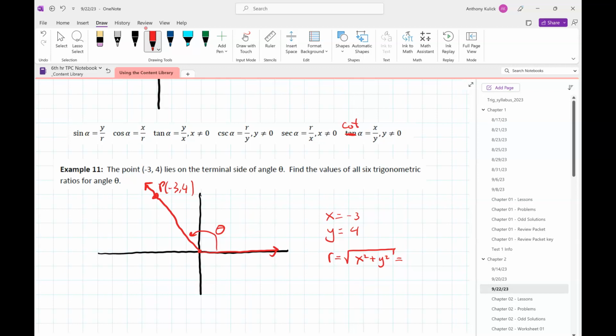Okay. Who got 2.65-ish? Who got 5? Okay, 2 people know how to use their calculator. A couple people don't know how to use your calculator. Which one of those numbers is right? 5 is the correct answer.